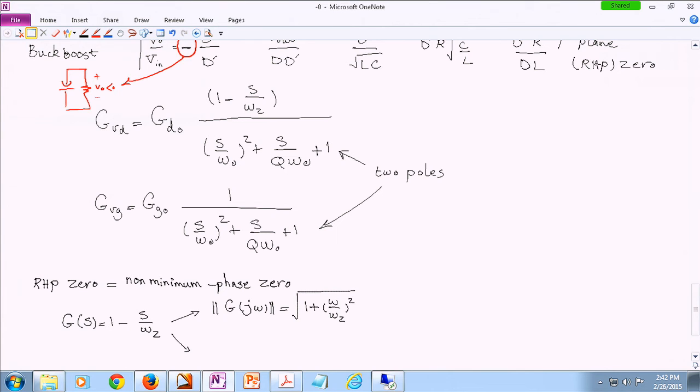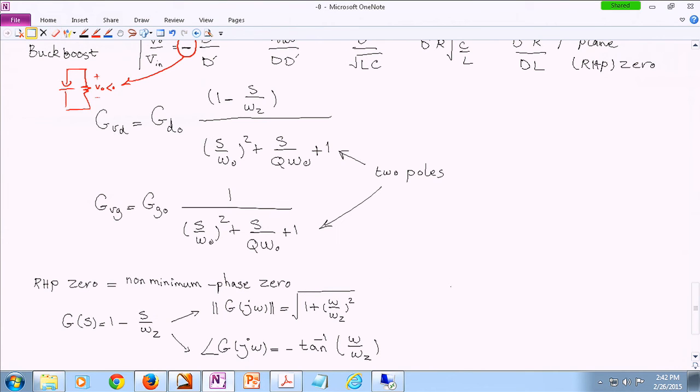As far as the magnitude is concerned, it is pretty much like a left half plane 0. The polarity of the 0 doesn't matter, but the angle matters. Okay, so if I plot this, let me redraw this.